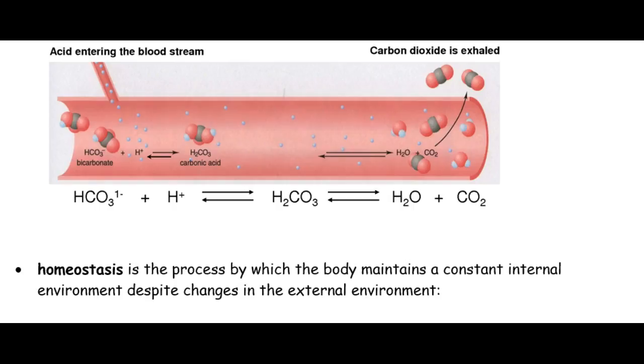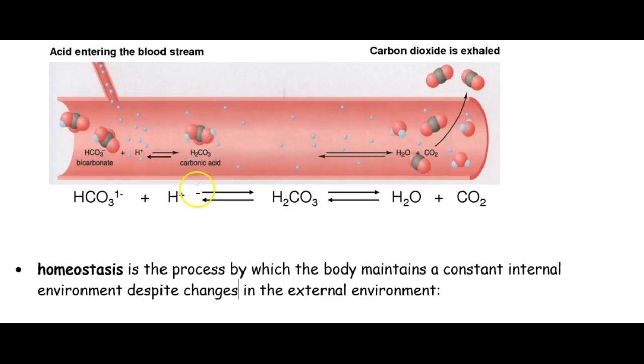Just to quickly get back to this blood pH level, if we look at the left portion of this equation, we can see that this is symbolizing the input of extra hydrogen ions, that acidic ion, into the bloodstream. The bicarbonate buffer system within our body takes those extra hydrogen ions and combines them with bicarbonate ions in the blood to form carbonic acid.